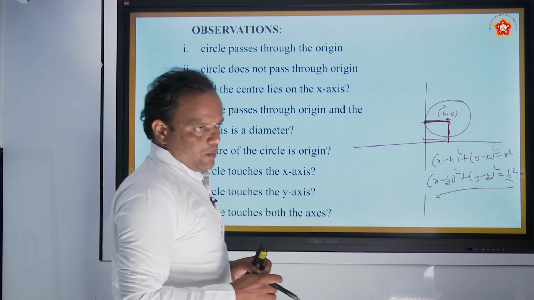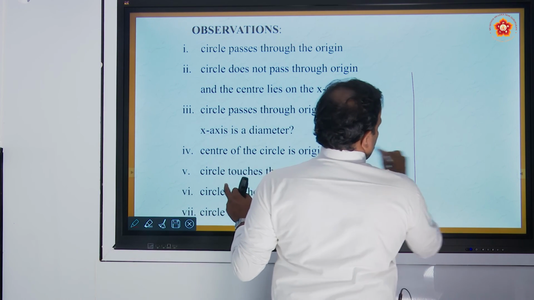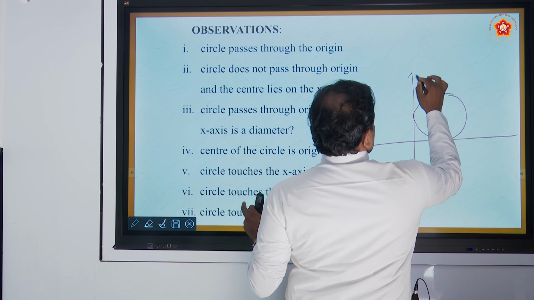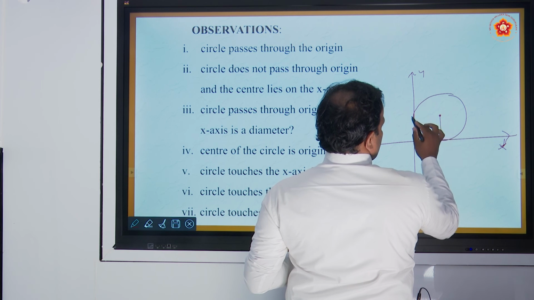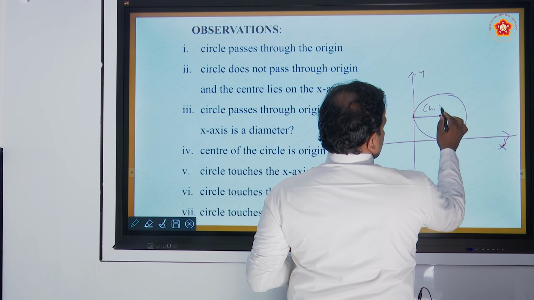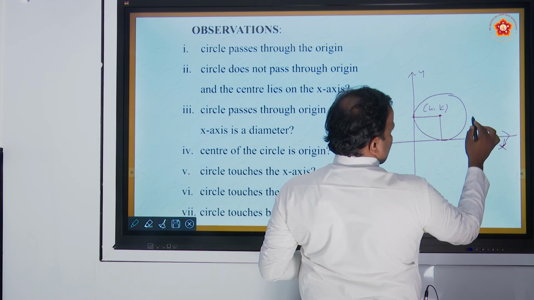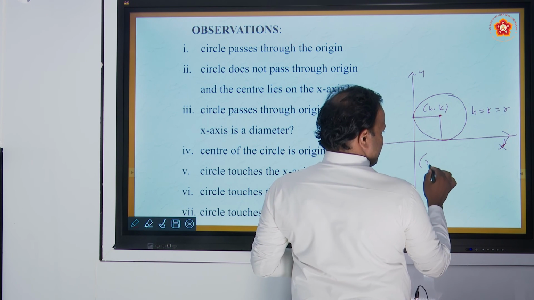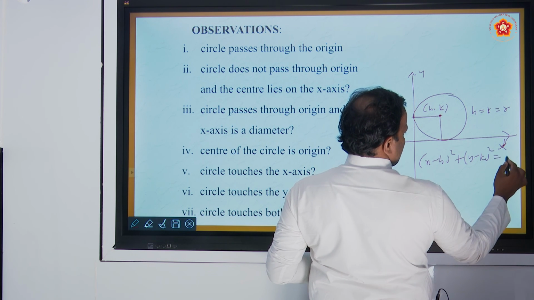The circle touches both axes. If the circle touches both the x-axis as well as the y-axis, like this figure, with the y-axis and x-axis, and center h comma k, then h equals k equals r. The circle equation is x minus h whole square plus y minus k whole square equals r square.